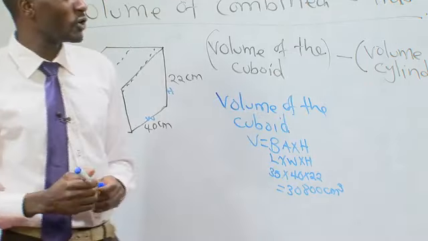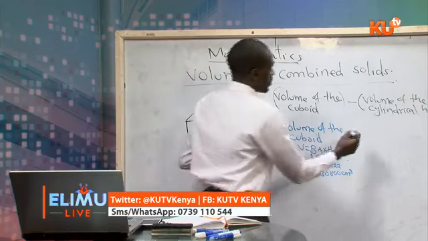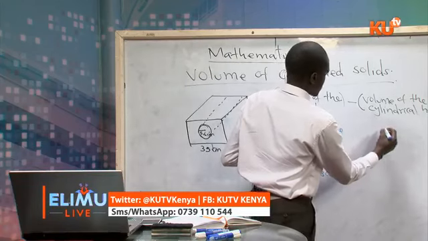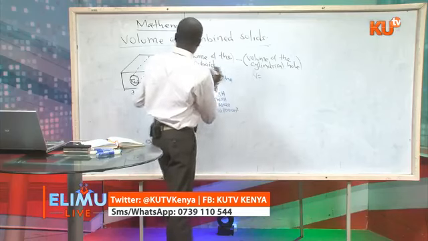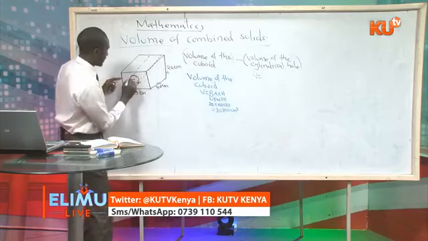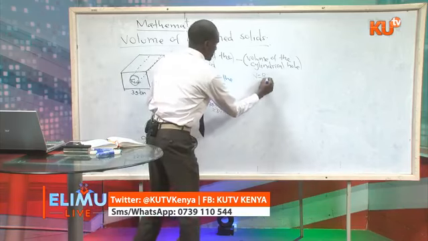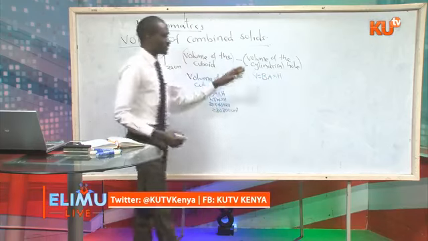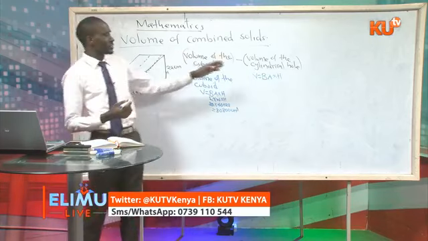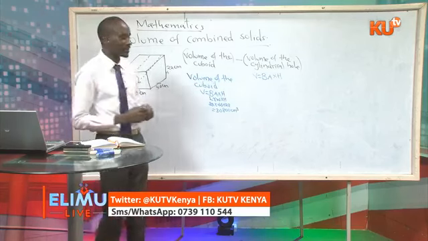Then you find the volume of the cylindrical hole, which is we have the circle here as its base area. This is the general formula. When we say base area times height, this is a general formula which guides you to find the volume of any figure given.